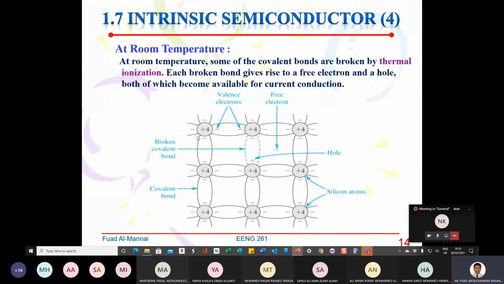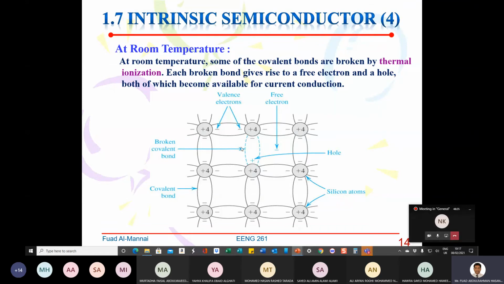Again, we are looking at the pure silicon crystal here. At room temperature, we are not talking about 0 Kelvin temperature, which is minus 273 degrees C, where the pure silicon will act as an insulator.